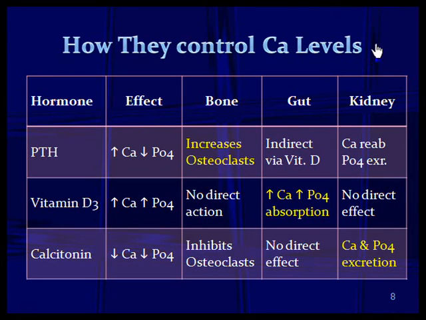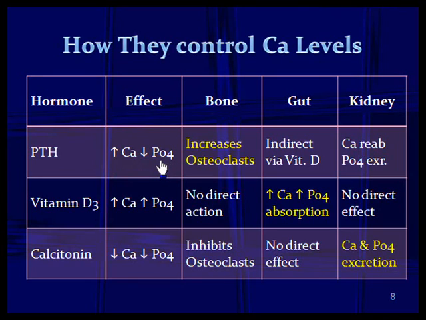How do these three important hormones control the serum calcium levels? You can see in this table the various hormones: the parathyroid hormone, vitamin D3, which is the active form of vitamin D, and the calcitonin, and their effect on the region of the body: the bone, the gut or the kidney. Parathyroid hormone, in a nutshell, increases the calcium in the serum and decreases the phosphate in the serum.